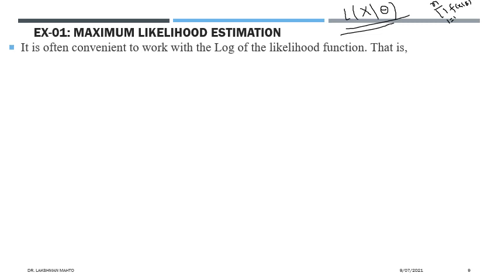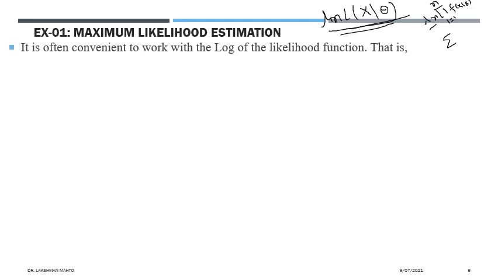So logarithm provides an interesting approach: if you take the log, ln, of this likelihood function, then the product is converted into a summation. A summation term is very separable in nature, so you can easily do calculus.